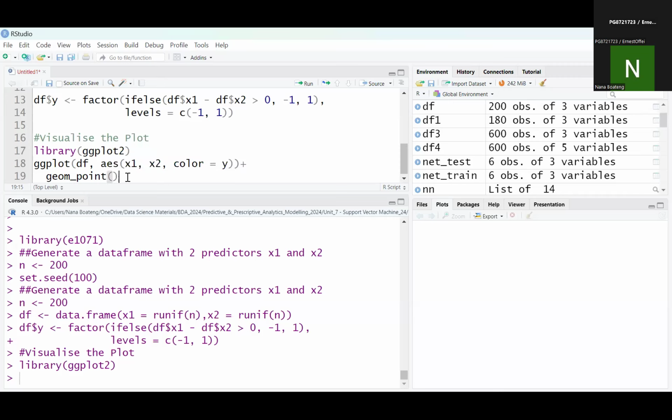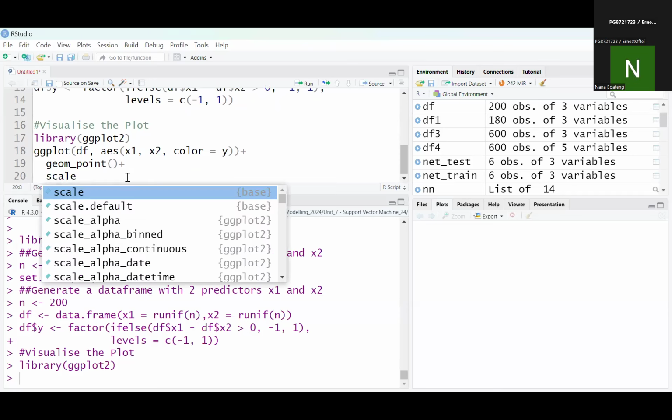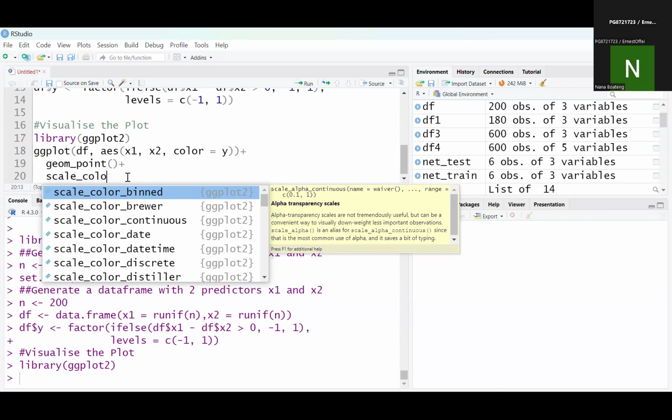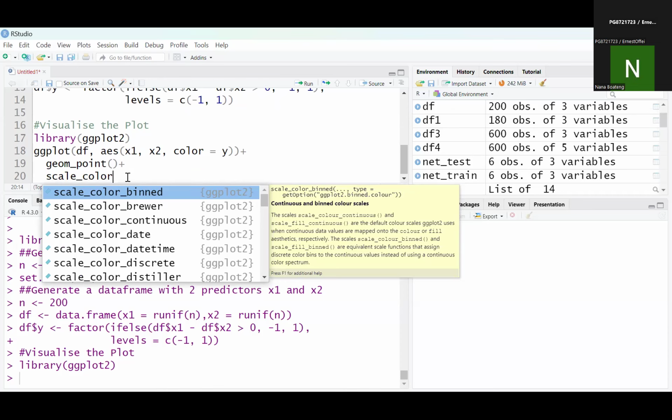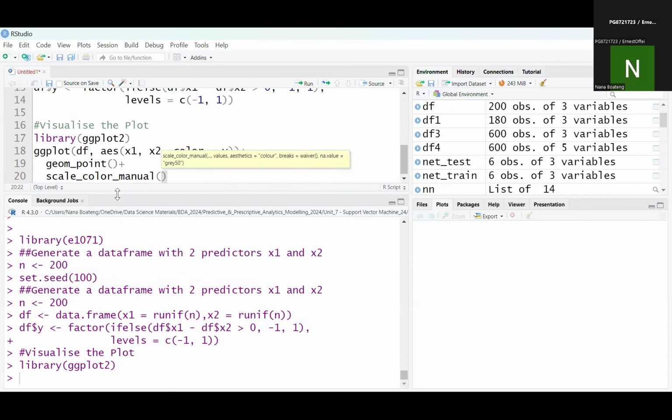Let's color the points so that we can separate them. Let's add the scale_color_manual and specify the values as a vector.